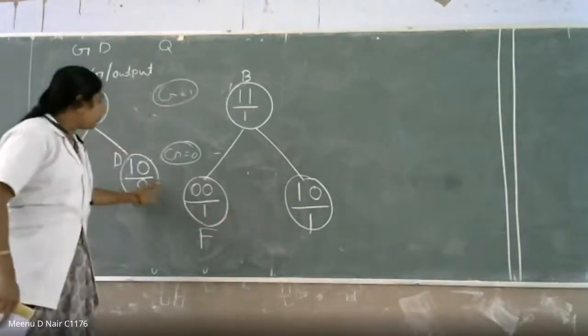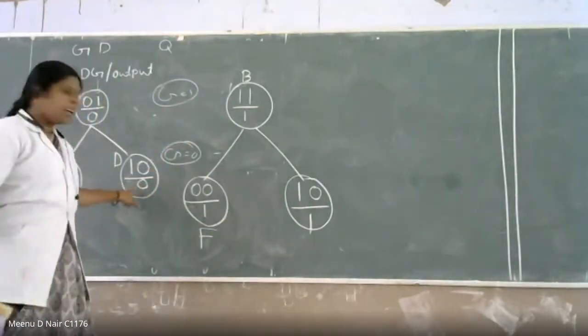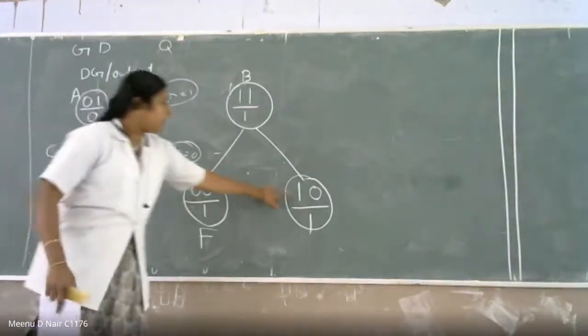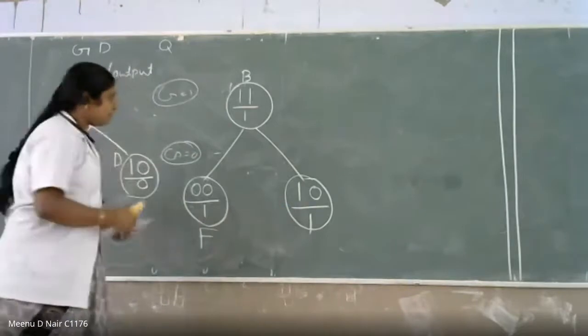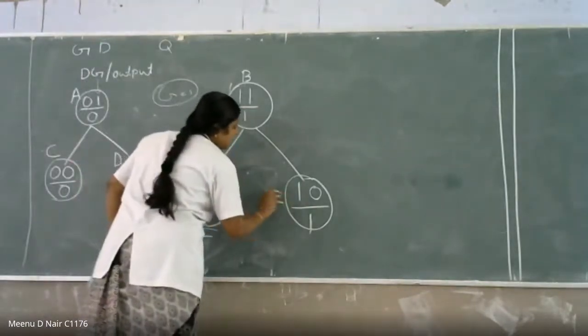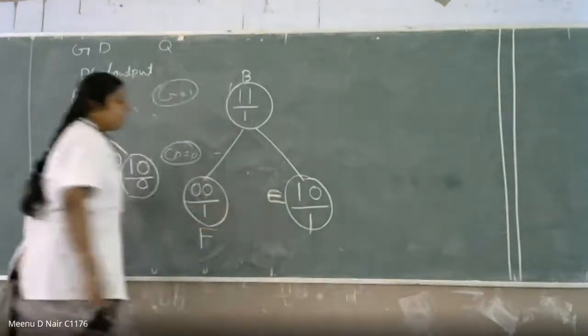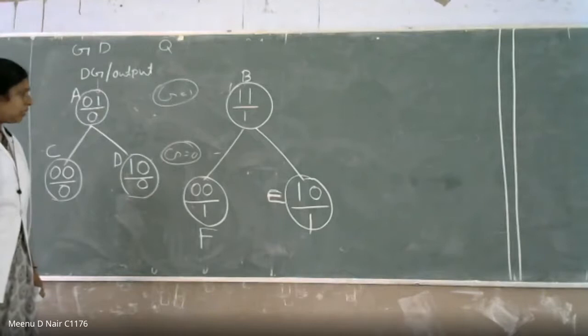So you have to use different variables for them. 1, 0, 0 is one condition, 1, 0, 1 is another condition. This condition is your variable E. Is the condition clear now?